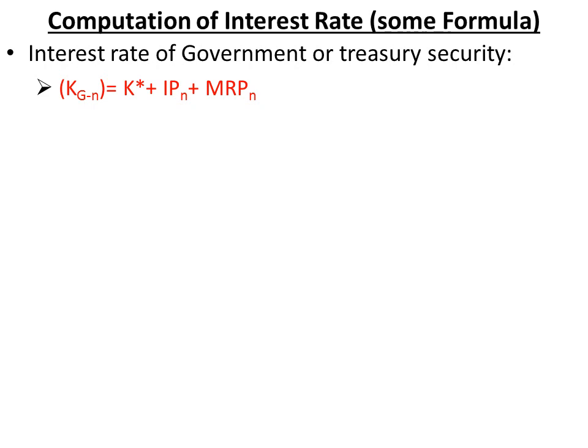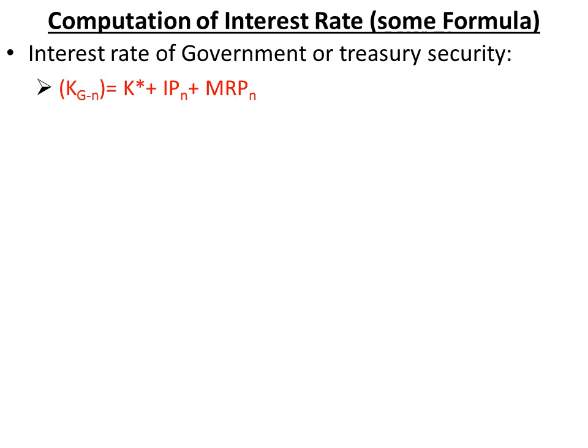Have a look at the formula. Interest rate of government security or treasury security is equal to KGN. K means the interest rate, G means the government security, and N means for a period of N years. For example, the interest rate of 5 years is KG5 for the government security.